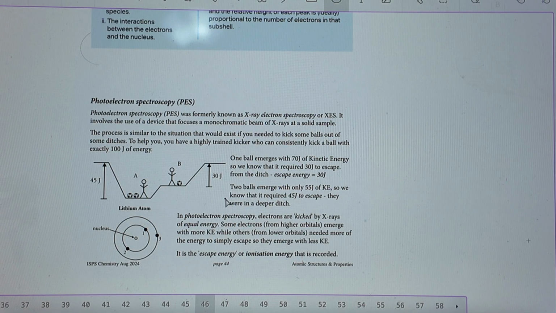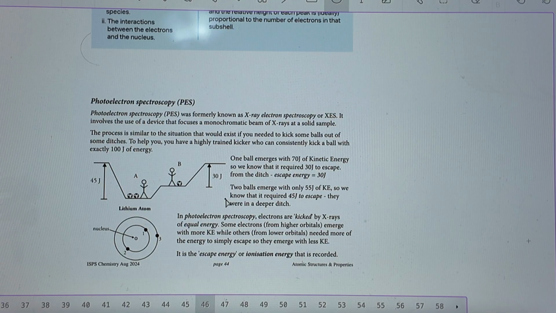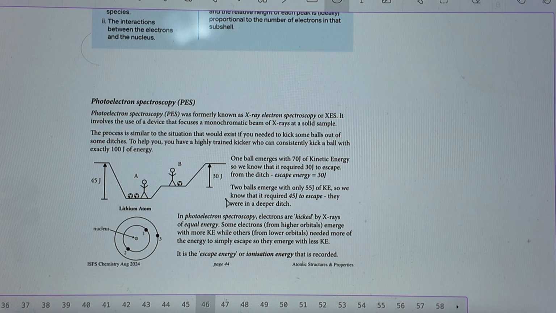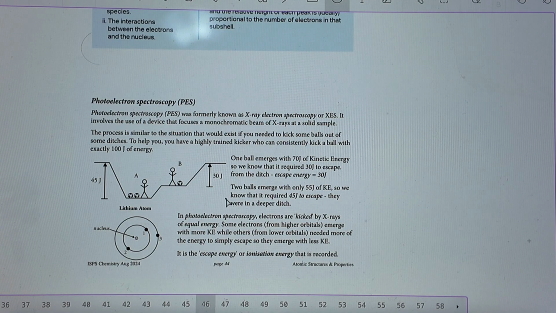So this process is like what they describe as kicking balls out of some ditches. To help you, you have a highly trained kicker who is consistently kicking a ball with the same amount of energy. Now, one ball emerges with 70 joules of kinetic energy, so we know that it required only 30 joules to escape from the ditch.